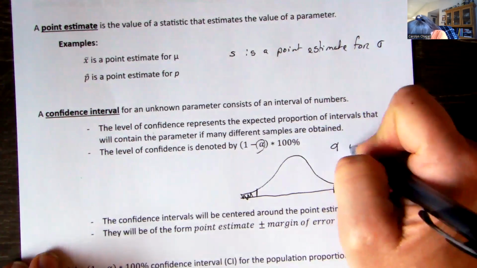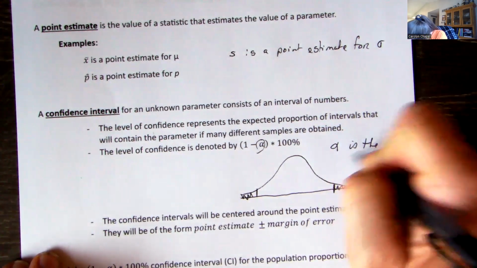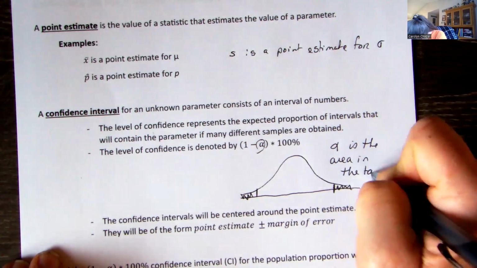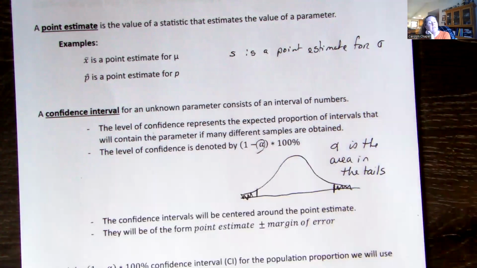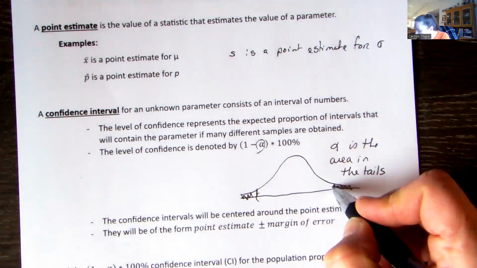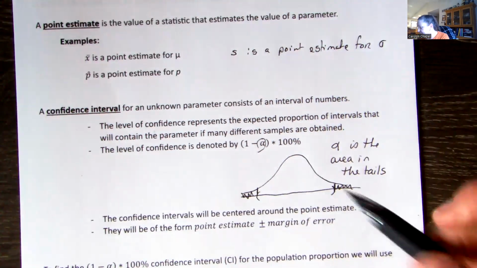So alpha is the area in the tails. And we will see that alpha again in chapter 10 also. And so the interval we find will be some sort of interval here.